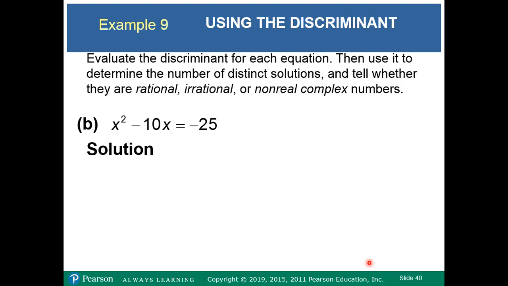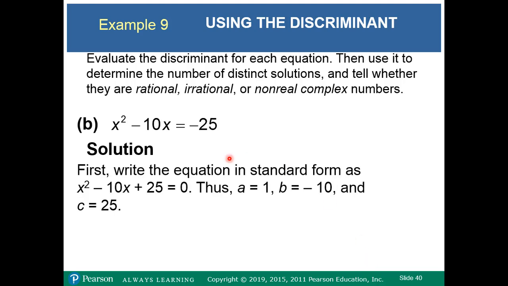Well, let's put it in standard form and find out what it is. So here's standard form. Now A is 1, B is negative 10, and C is 25. Now notice here that this is a perfect square. You can tell because if you take this, divide by 2 and then square it, you get 25.